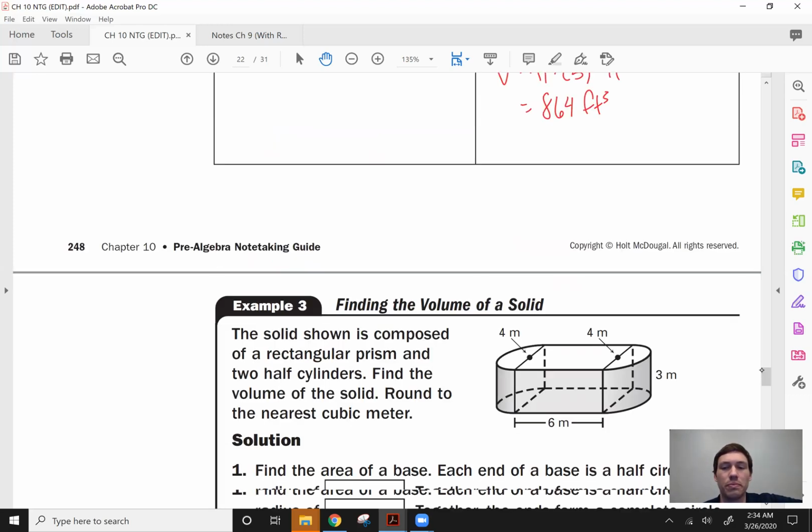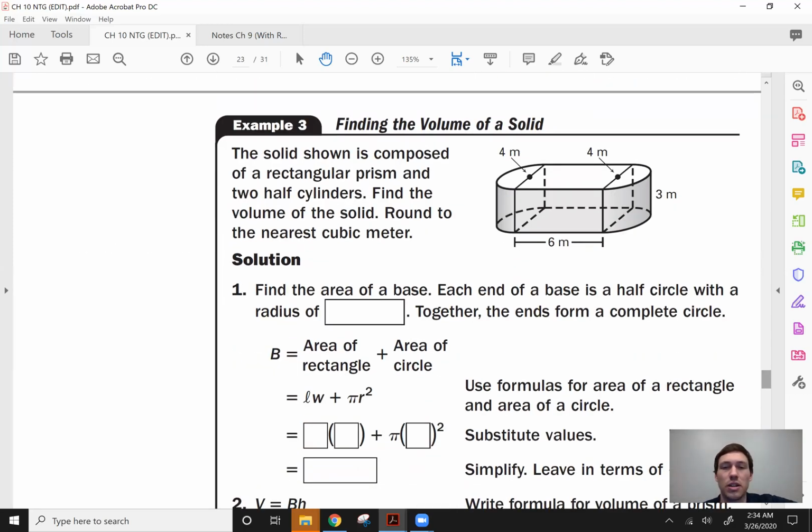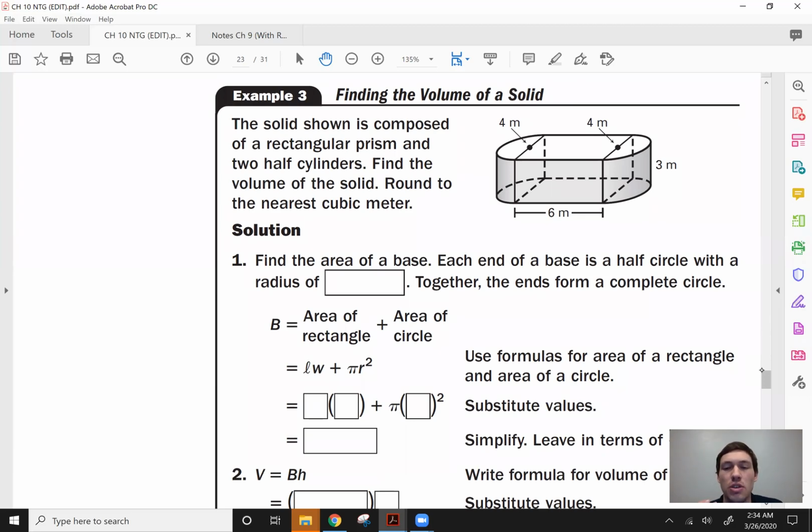All right. The last one here. What if it's not just a normal prism or cylinder? What if it's combined? Well, what I want you to think about is that this shape right here, together with this shape, really just forms two half cylinders.